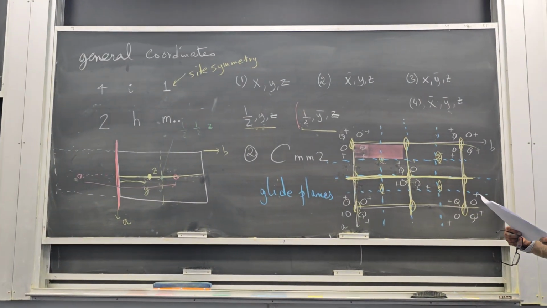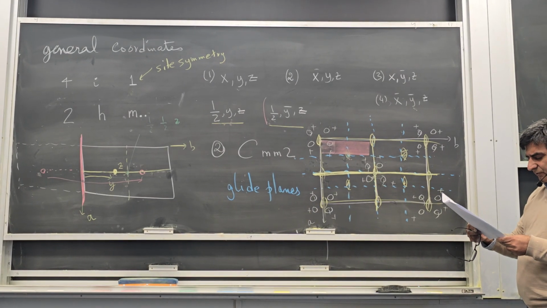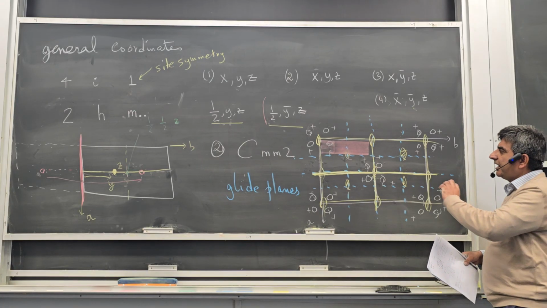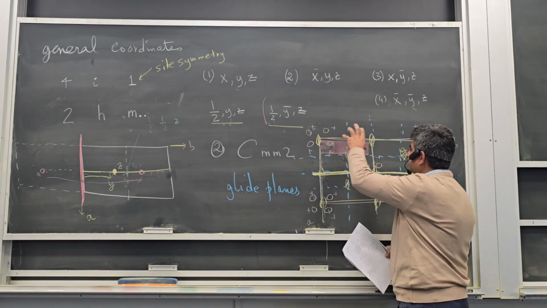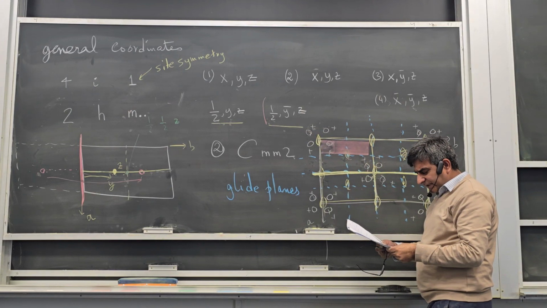So for all the symmetry operations that you want to talk about, number 1, 2, 3, 4, you will get a set that applies here, and a set that applies here. So two sets are being written.